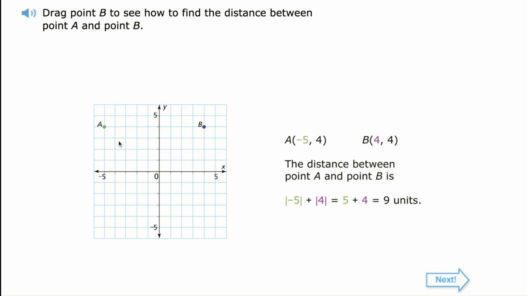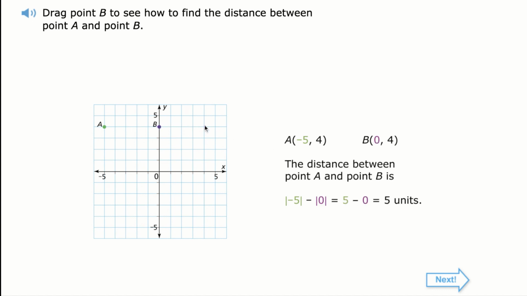The easier way to do this is to count the units between them. Starting at A, this is 1, 2, 3, 4, 5 units, and then another 6, 7, 8, 9. So altogether that's 9 units between A and B. So you could use the absolute values or you can just count.